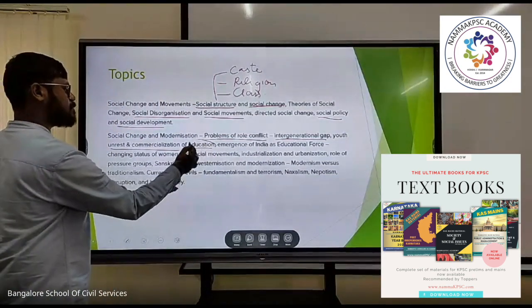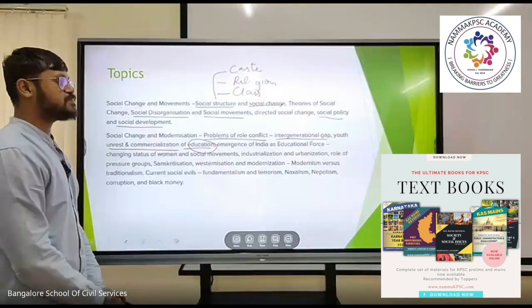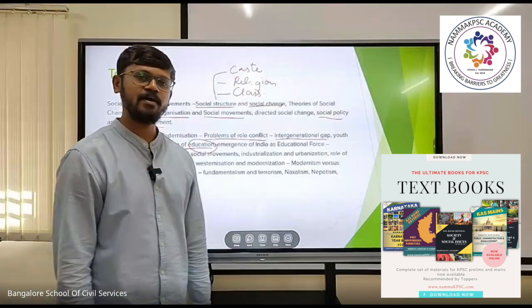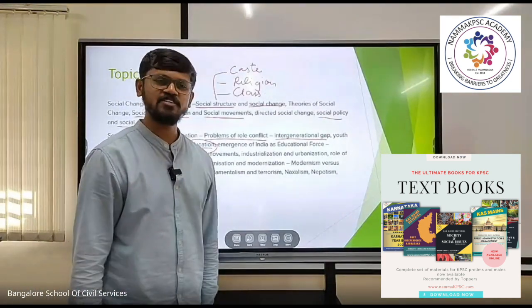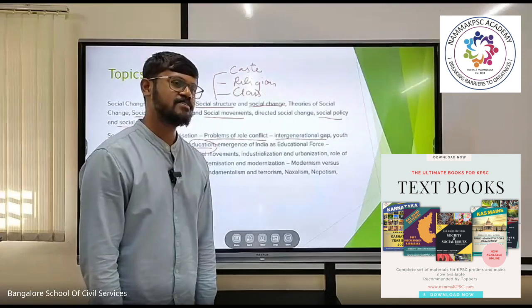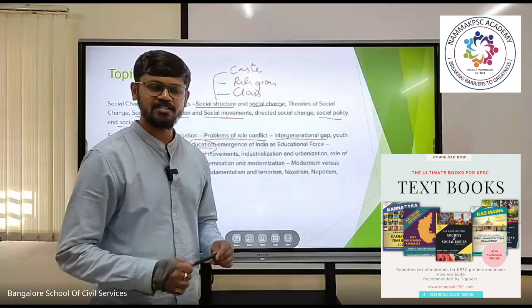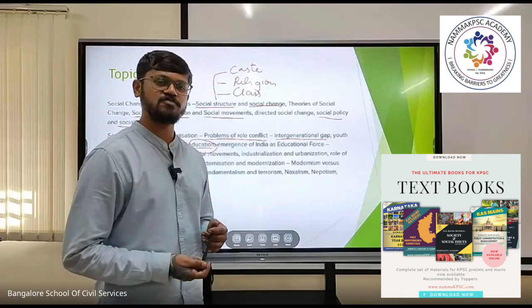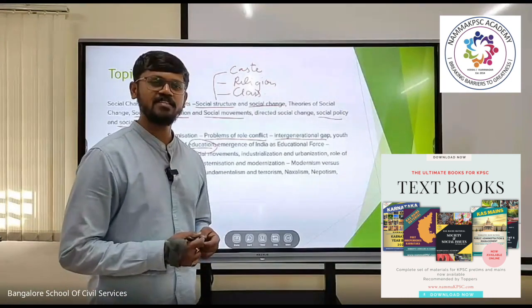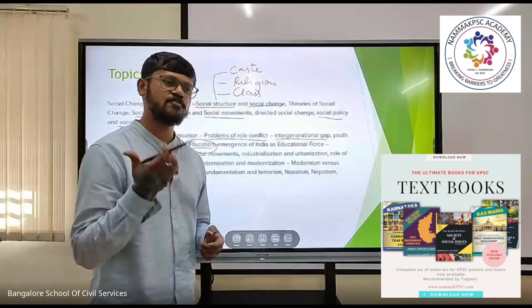Then commercialization of education is becoming a major topic, majorly because of the National Education Policy. Karnataka is the first state to implement the National Education Policy. Most schools, next year in 2023, are slowly introducing a few concepts.